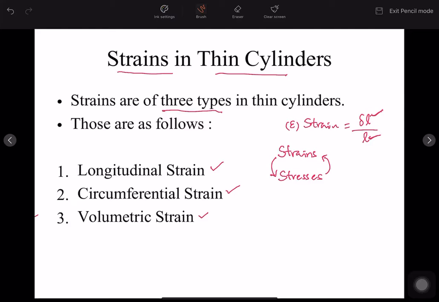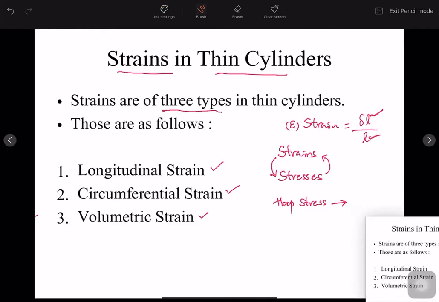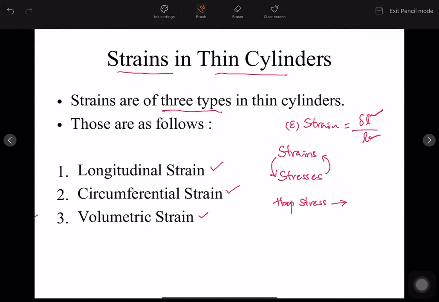So if you remember what I taught in the previous class, hoop stress will be having a tensile nature. So it will try to increase the diameter of the cylinder.